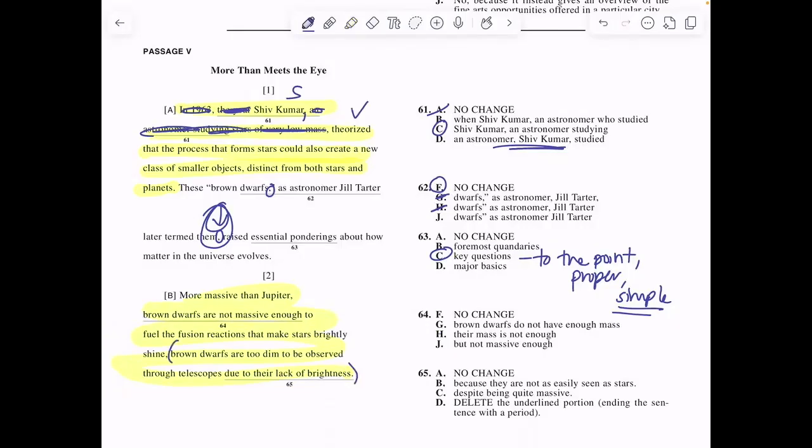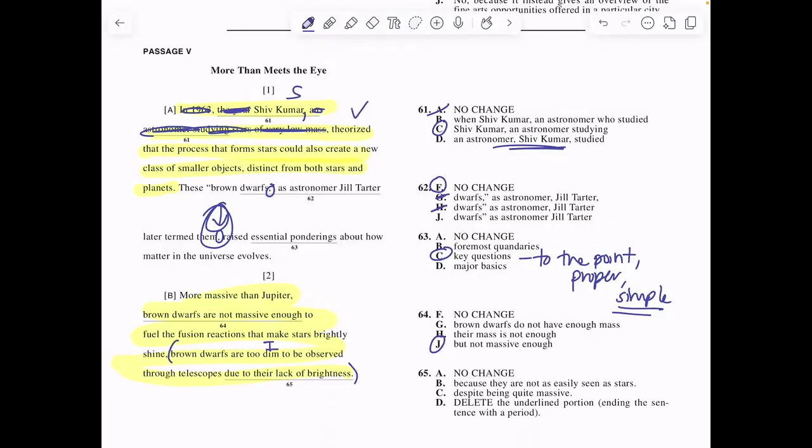This is our sentence. This is our independent clause. So everything before that is dependent. So it's actually J, more massive than Jupiter, but not massive enough to fuel the reactions that make stars brightly shine. Done. Brown dwarfs are too dim to be observed through telescopes due to their lack of brightness.